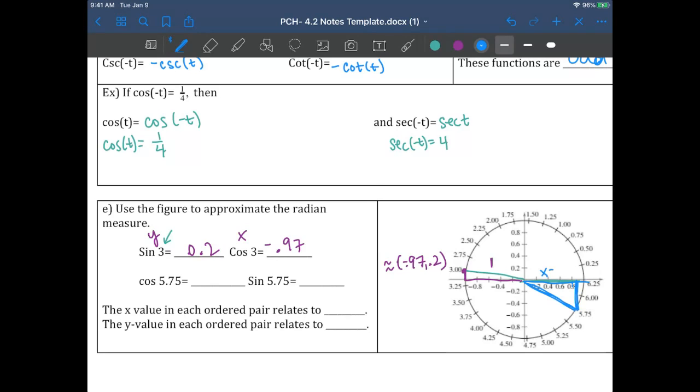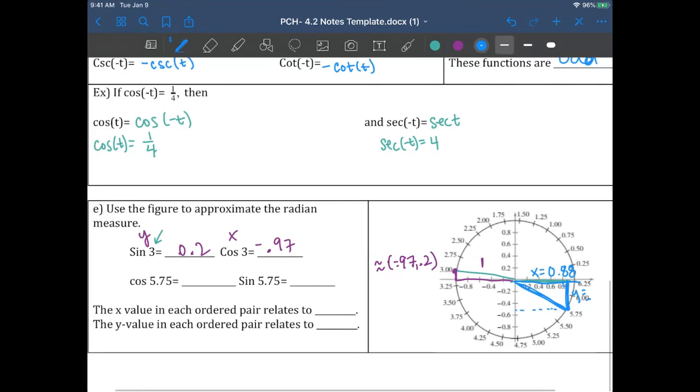So my x is equal to a little more than 0.8, so 0.88 maybe, positive, and my y is equal to, let's see, negative 0.5. So sine is my y, so negative 0.5, and cosine is the x value of the point, so 0.88 positive.